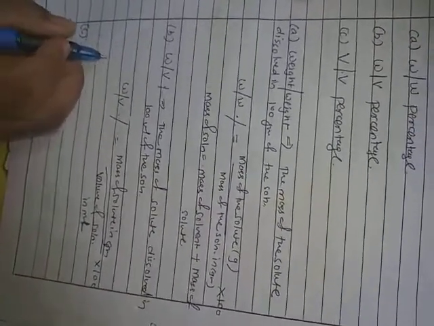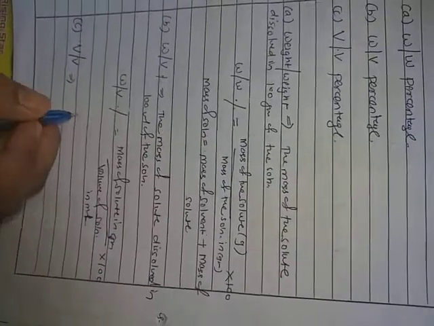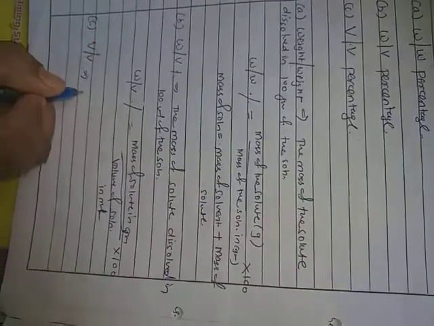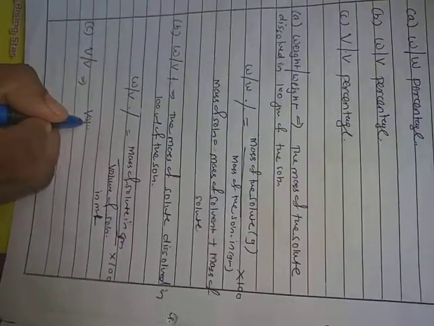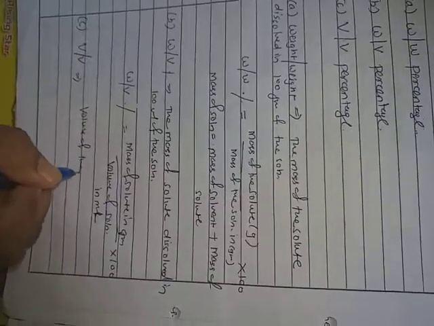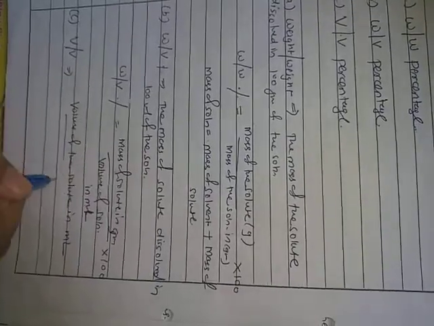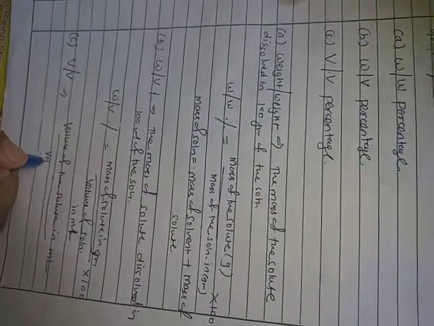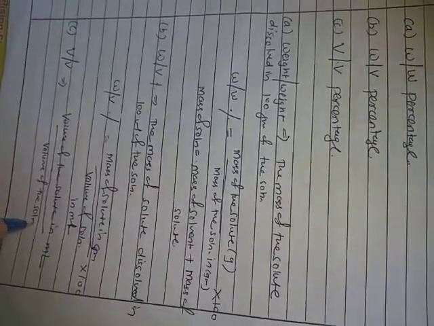Then volume by volume concentration: the volume of the solute in ml dissolved in 100 ml of the solution. The formula is volume of the solute in ml divided by volume of the solution in ml into 100.